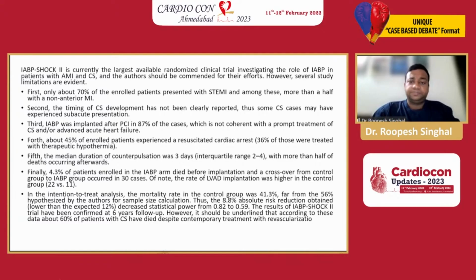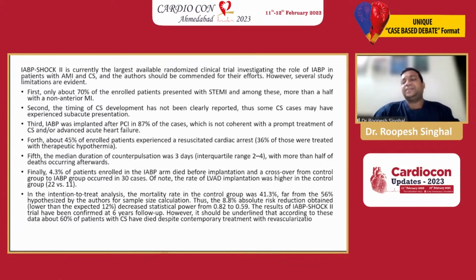Fourth, almost 50% of the patients enrolled had a resuscitated cardiac arrest, which is a very bad modifier in this setting of extreme shock. Again, the median duration of IABP use was 3 days, and most of the deaths occurred after this period. Also, there was a lot of crossover from the non-IABP to the IABP group.